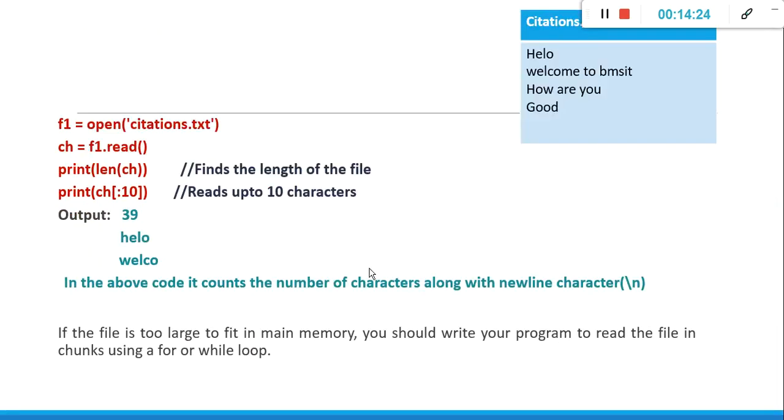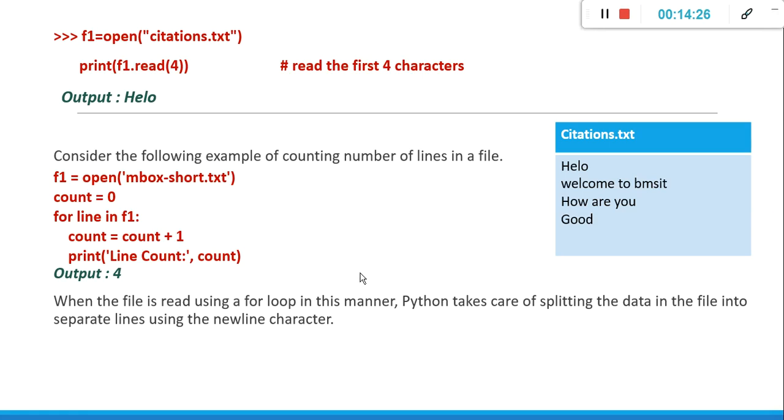Now consider one more example, where I want to count how many lines exist in this specific file. Say, for example, you have some Excel sheet or CSV file and you want to see how many rows are there.